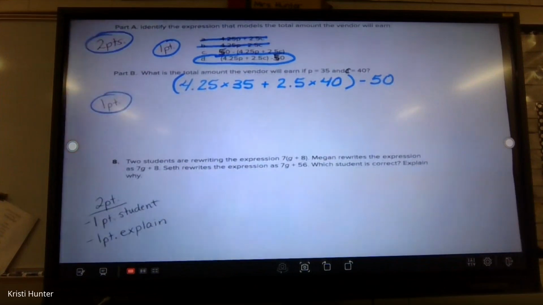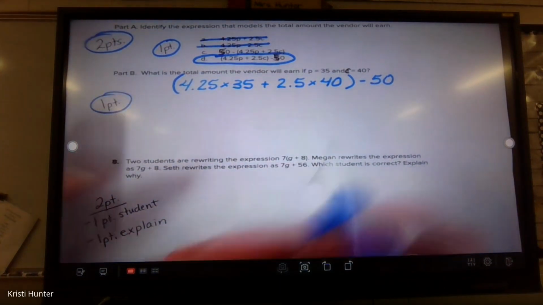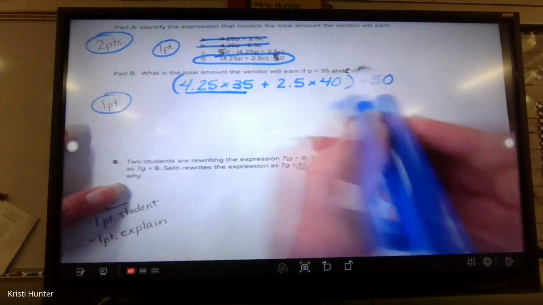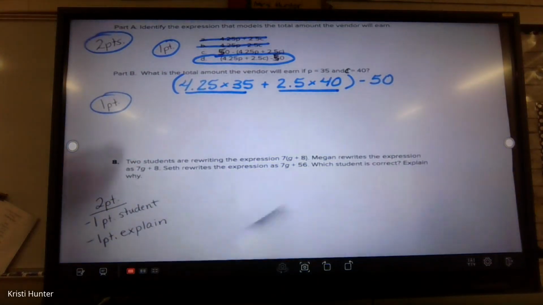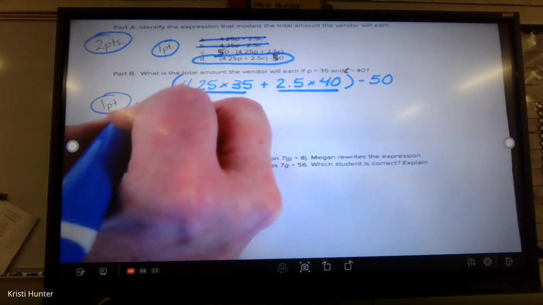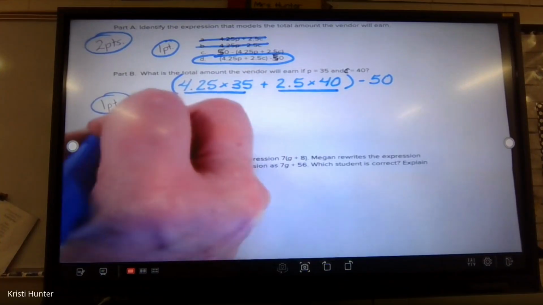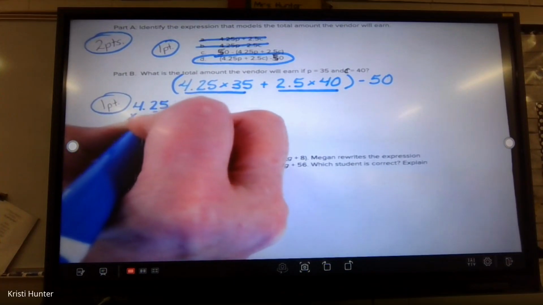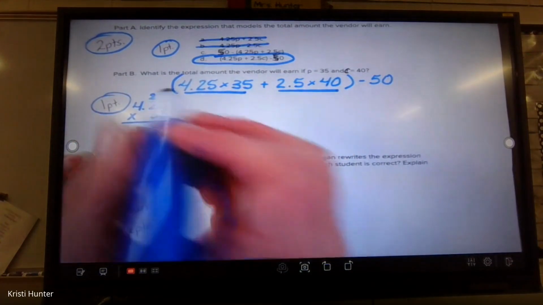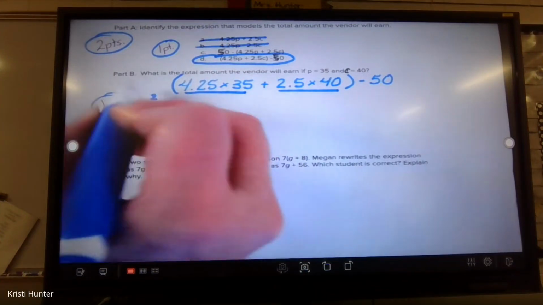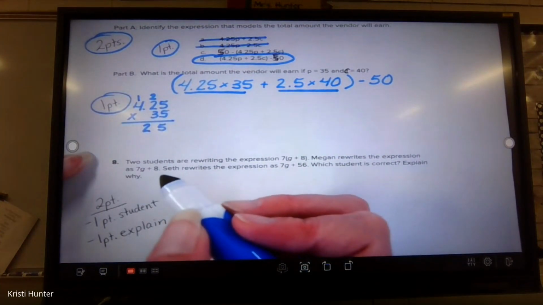All right, so let's get to work. Order of operations says we've got to multiply first, well, parentheses first, and then I've got to multiply inside the parentheses. So I'm going to take 4.25 times 35. 5 times 5 is 25. 5 times 2 is 10. Plus 2 makes 12. 5 times 4 is 20.